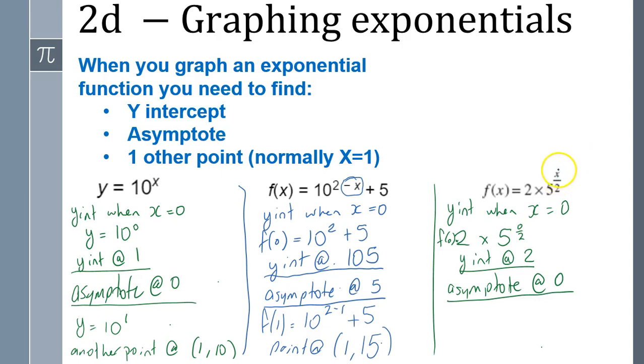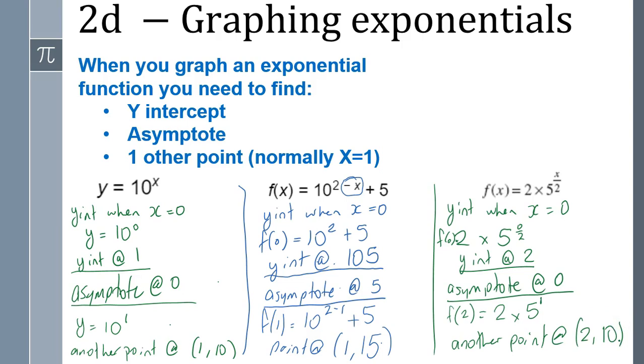So you want something in there that'll make life easier for you. I'm going to pick 2, I believe in the lazy way of doing things. So f of 2 equals 2 times 5 to the power of 2 over 2, which is just 1. So another point is at 2 comma 10.